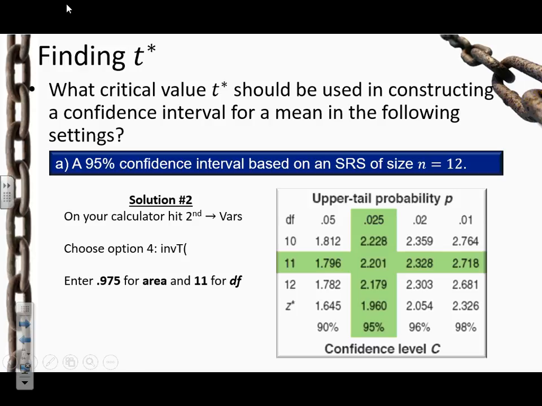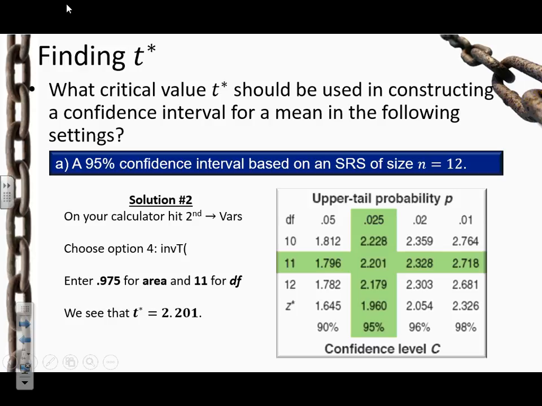If I have 95% inside, I have an extra 2.5% in my tail, right? So I'm going to type in 97.5%. For area, we would do 0.975, but now it also needs degrees of freedom. So you would type in 11 for the degrees of freedom, and it should pop out the exact same value, 2.201.